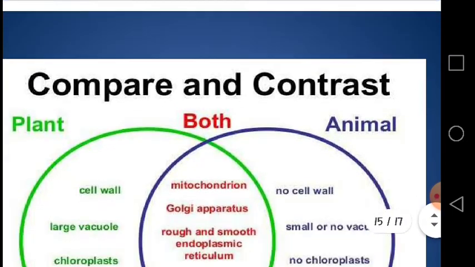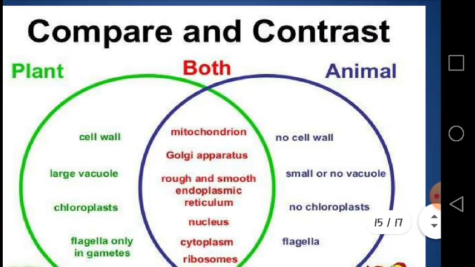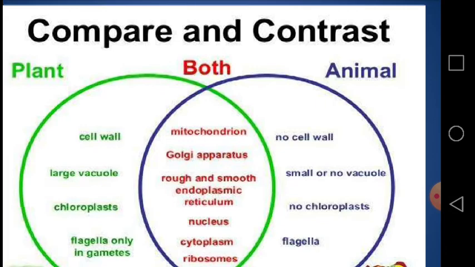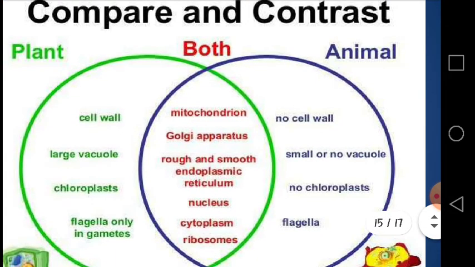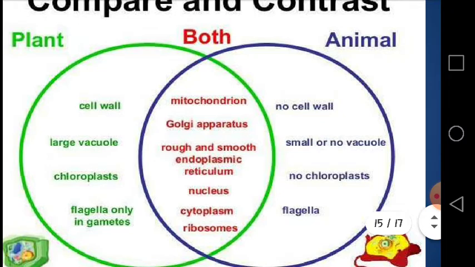There is a comparison and a contrast between the animal and the plant cells. The structures which are present only in the plant cells are mentioned with the green color, the structures which are present only in the animal cells are mentioned with the blue color, and the red color represents the structures which are present in both animal and plant cells. Plant cells have a cell wall, a large vacuole, and chloroplasts.